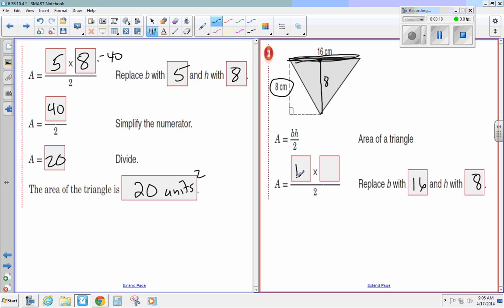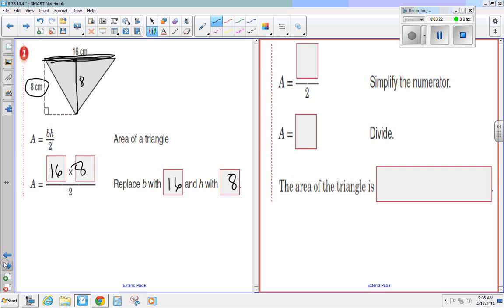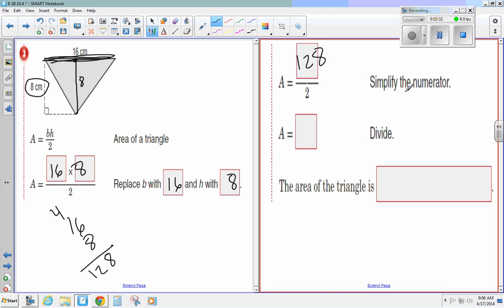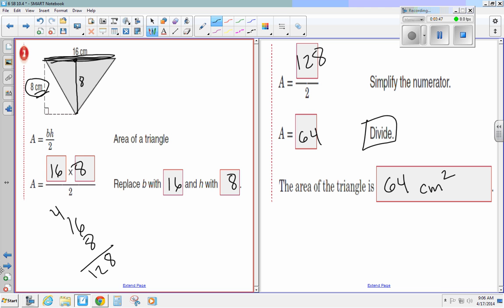So we plug those numbers in, 16 times 8 divided by 2. Well, 16 times 8 is 128. We then simplify, and we're done. So the area of the triangle is 64 centimeters squared.